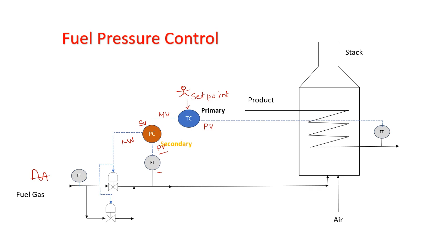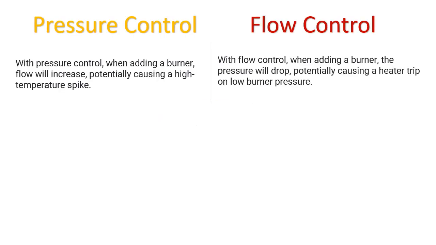Okay, now which one do we need to use? Whether we should use fuel pressure control or fuel flow control. So as per API, when we use the flow control, if we add another burner, so here you see there are these two control valves in parallel, and then there is a pressure transmitter here, and after the pressure transmitter there are a number of burners.